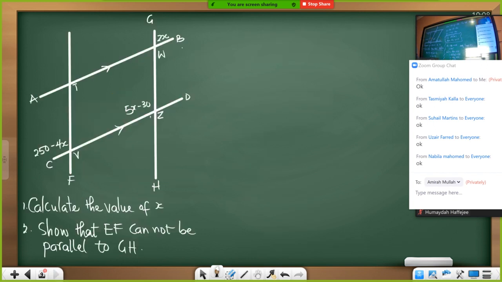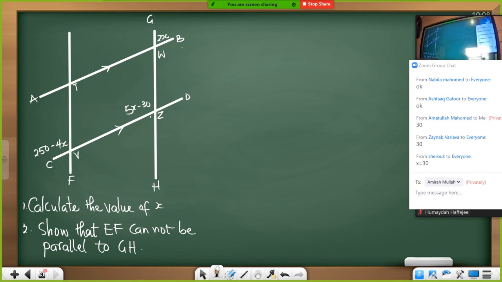Okay. Let's go to the last question. Calculate the value of x. What did you get for x? Throw your answers in quickly. If everyone can please throw your answers in, I'll appreciate that. The value for x. I'm expecting more than 20 answers. All right. Okay, 30, 30, 30.